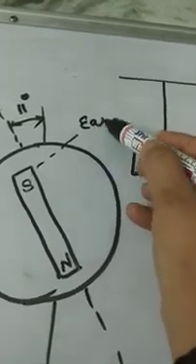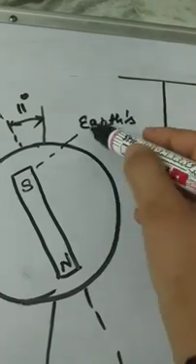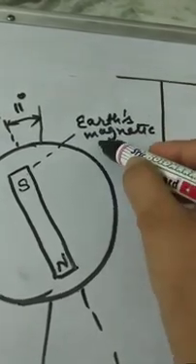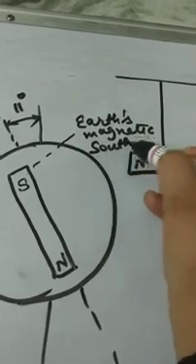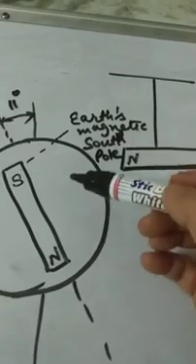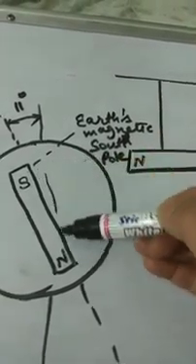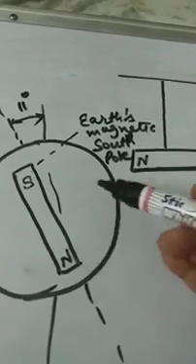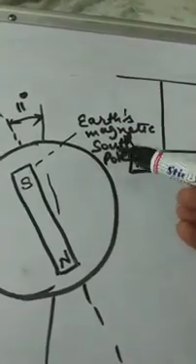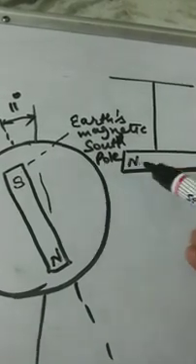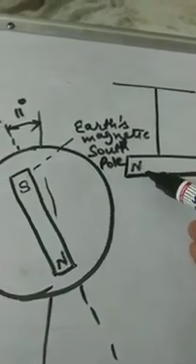If we imagine, then this side of the earth we have the earth's magnetic south pole. If you imagine a big bar magnet buried under the earth, then on this side the Earth's magnetic south pole is developed, which attracts the north pole of the magnet.